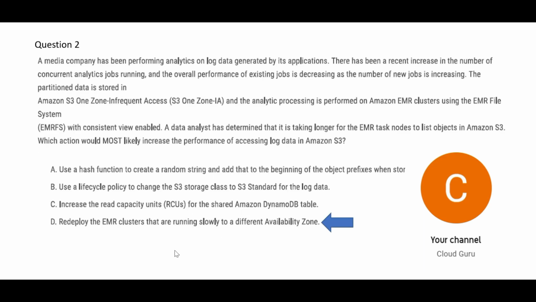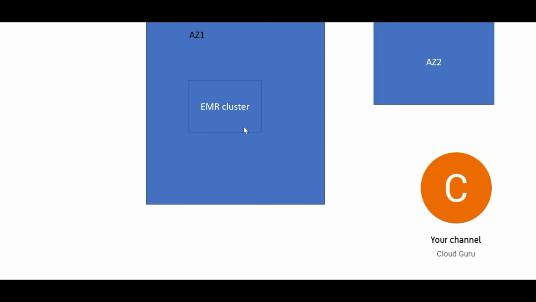And option D, just moving the EMR cluster. Even if we move it from AZ1 to AZ2, it will not solve it, because the problem is not happening because the hardware on AZ1 is not good, or AZ1 is not well connected from a network perspective.